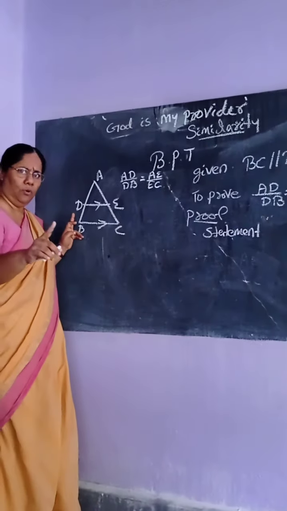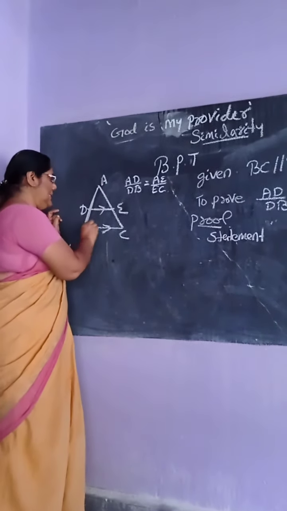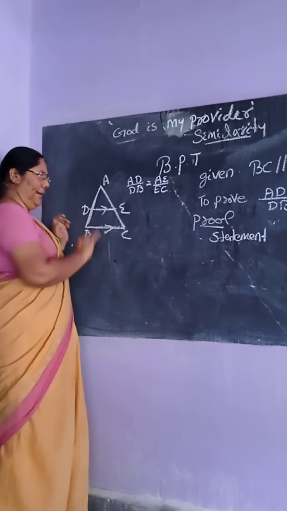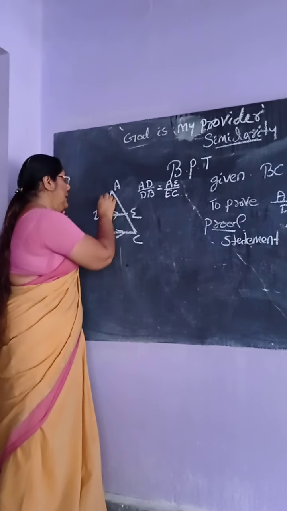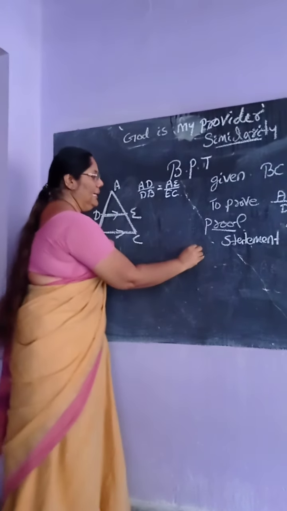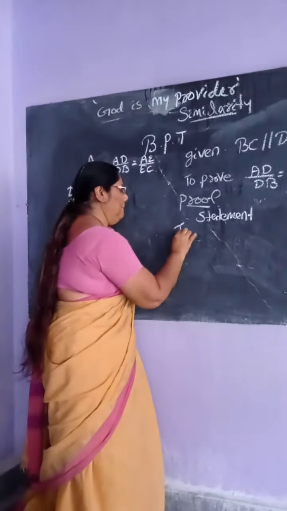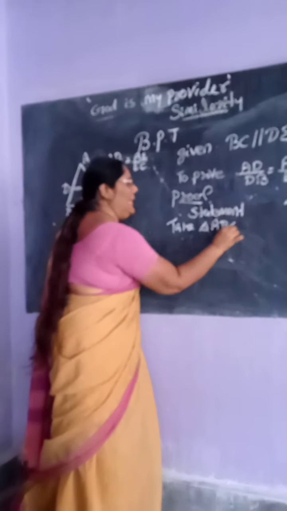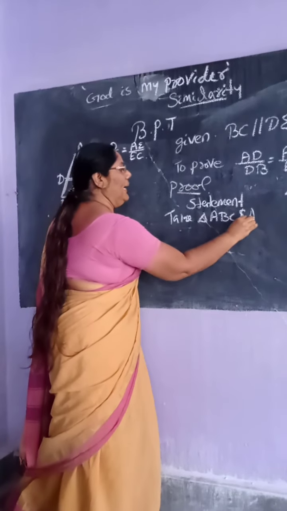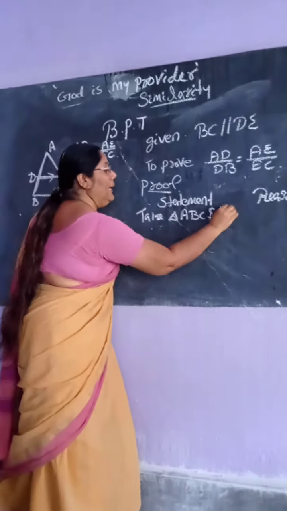All of you look at the board. ABC is the bigger triangle. Inside there will be a triangle ADE. We take triangle ABC and triangle ADE.